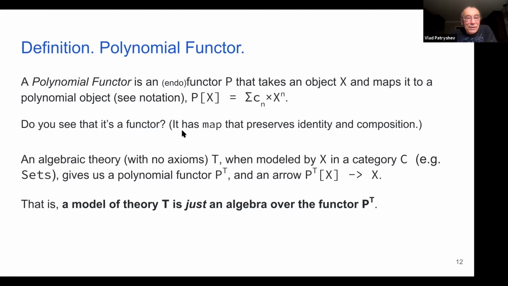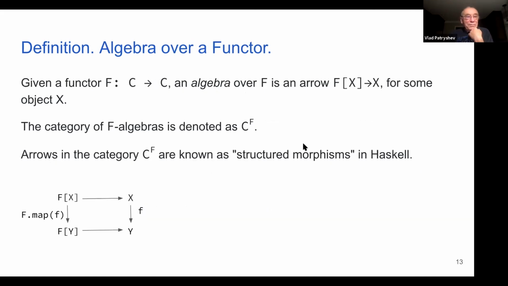So an algebraic theory, any algebraic theory without axioms, when it's modeled by an object X in a category C, or by a set X, gives us a polynomial functor and an arrow from P of X to X. So it's just an algebra over the functor P. And that's how algebras over a functor are defined, for any functor: an arrow from Fx to X. So here is the definition of an algebra over a functor.